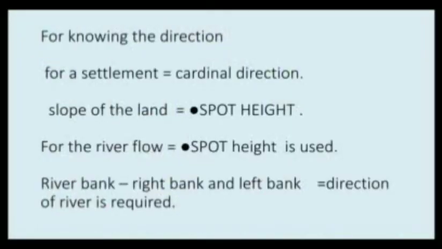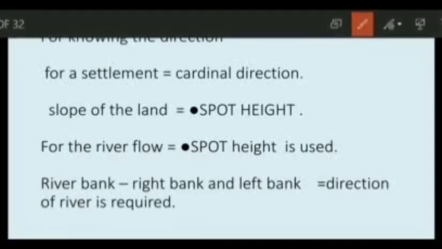Now, why has the direction been used? Direction is used for knowing the settlement. That is, the cardinal direction is used. Slope of the land. How will the slope of the land be known? With the help of spot height. Spot height should be in decreasing order. Like you will have the high number 222, then 220, then you get 180.